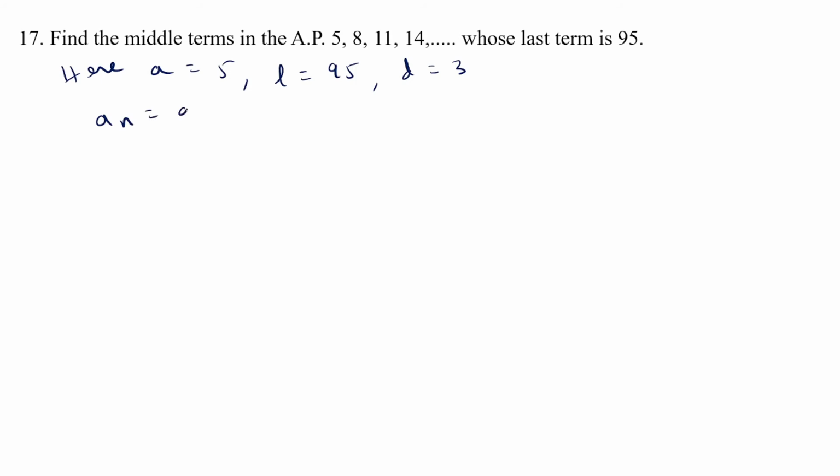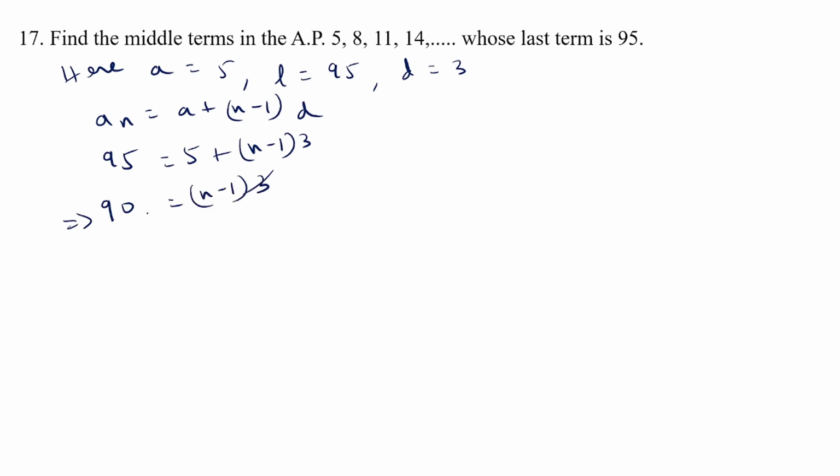So using An is equal to A plus n minus 1 into D. The last term is 95. We need to find n. So 95 is equal to 5 plus n minus 1 into 3, or 90 is equal to n minus 1 into 3. So from this we get n is equal to 31.